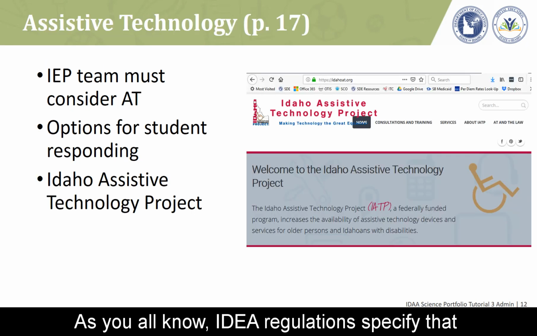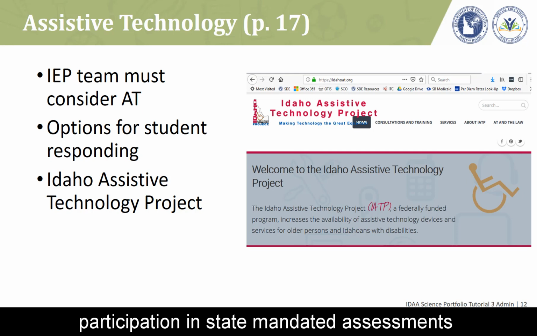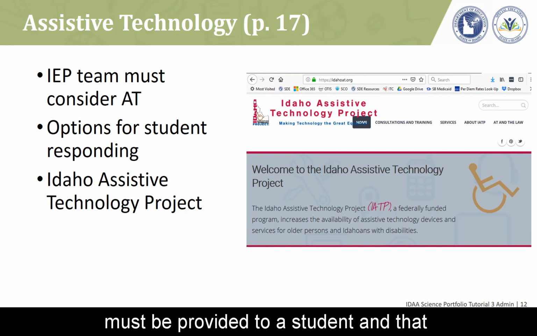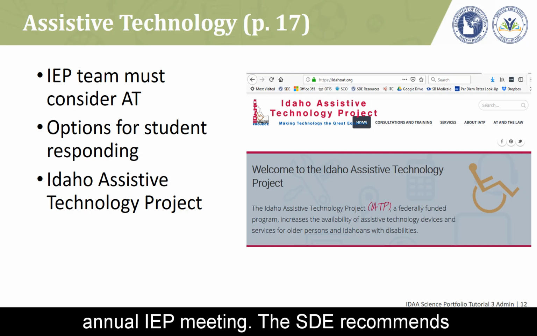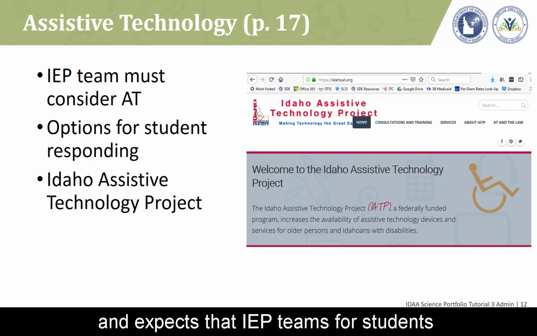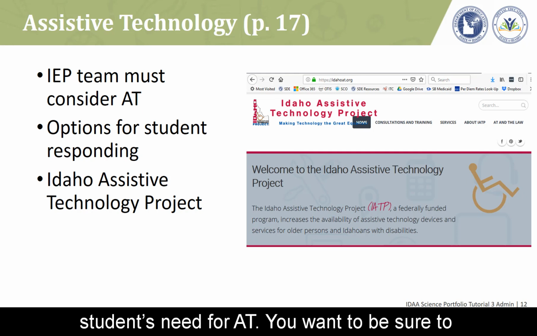As you all know, IDEA regulations specify that all accommodations necessary to facilitate participation in state-mandated assessments must be provided to a student, and that assistive technology be considered during the annual IEP meeting. The SDE recommends and expects that IEP teams for students participating in the IDAA will determine the student's need for AT.